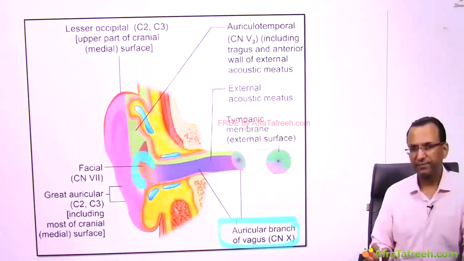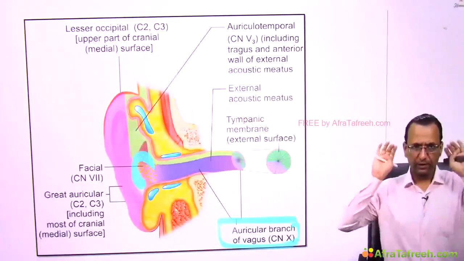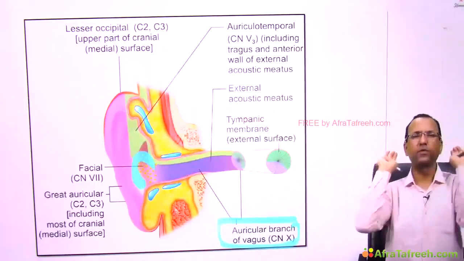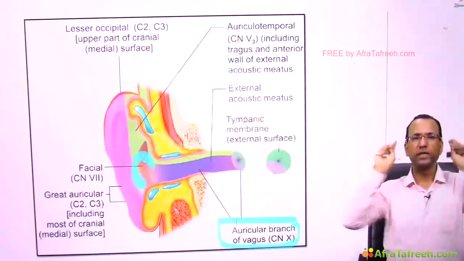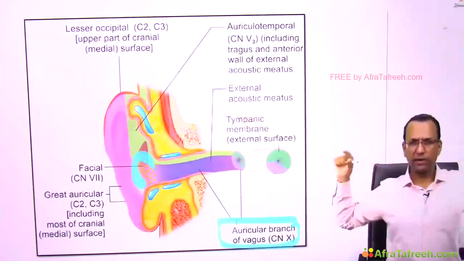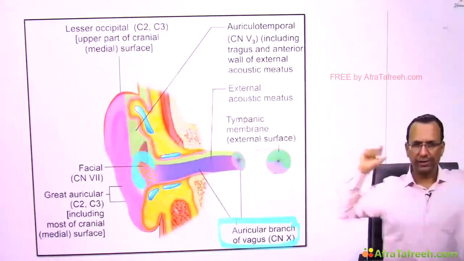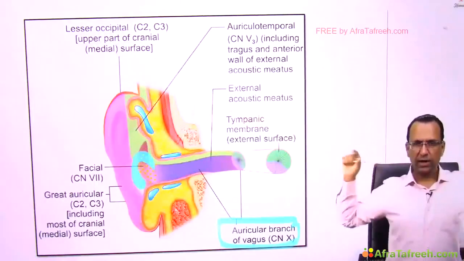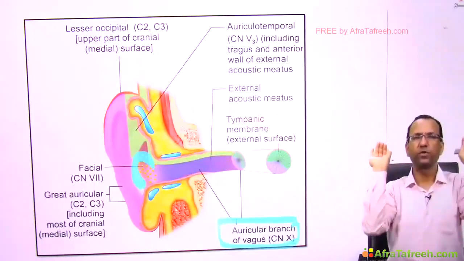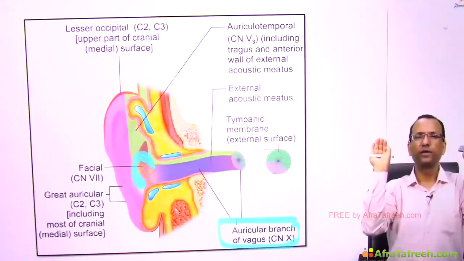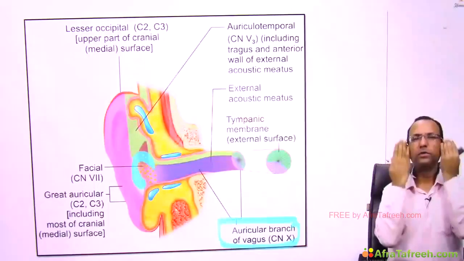Now remember, there is the posterior wall and the floor of the external auditory canal. Who is supplying the posterior wall and the floor? The auricular branch of vagus. Then who is supplying the anterior wall and the roof?